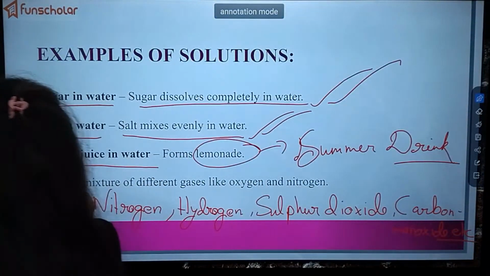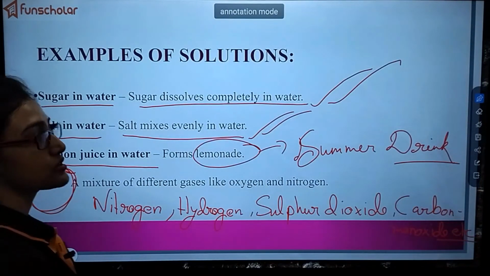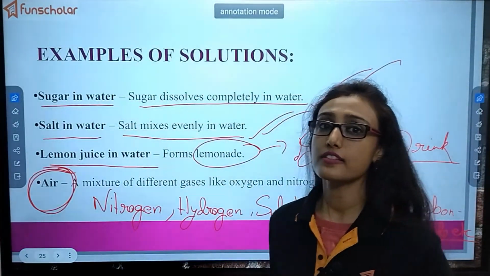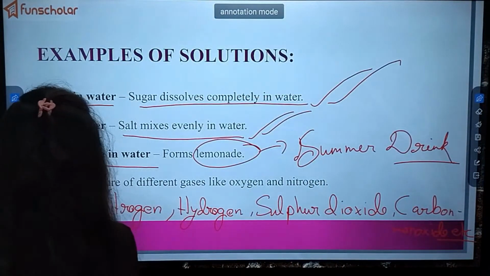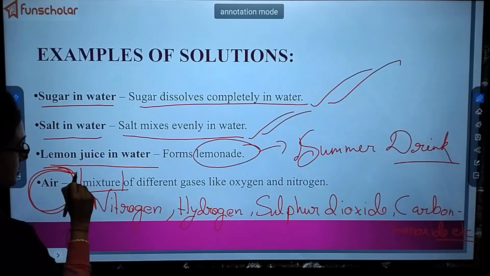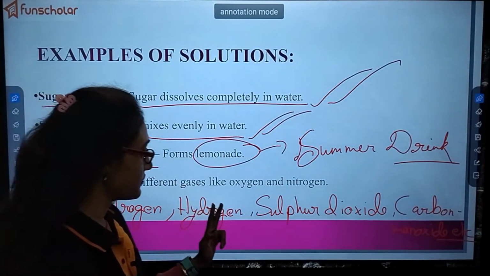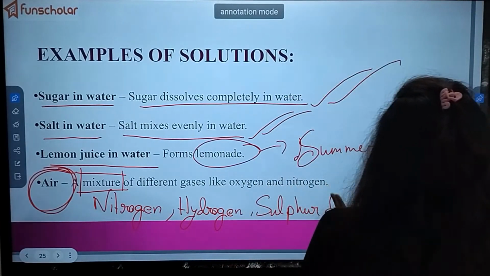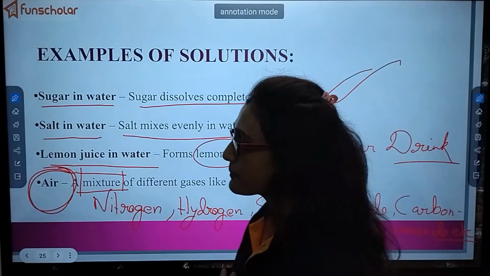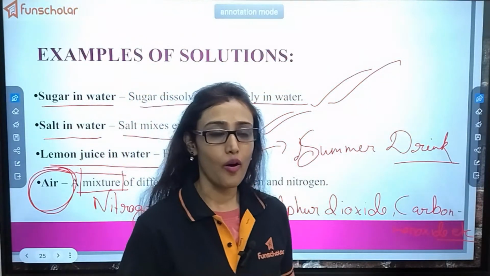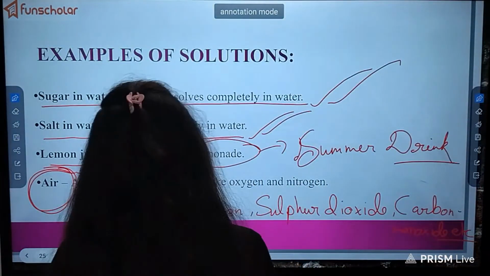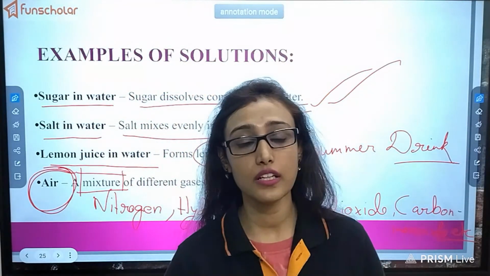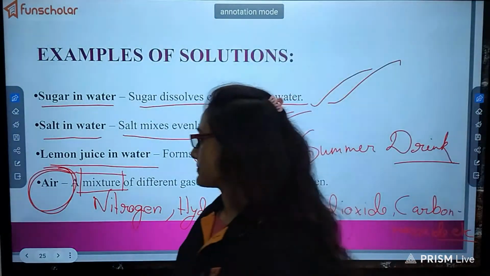So, air is also a solution of what? Different kinds of gases. And also it is known as mixture. Air is a mixture of different gases like hydrogen, oxygen, nitrogen, sulfur dioxide, carbon monoxide, carbon dioxide, etc. So we can say air is a solution of gases.